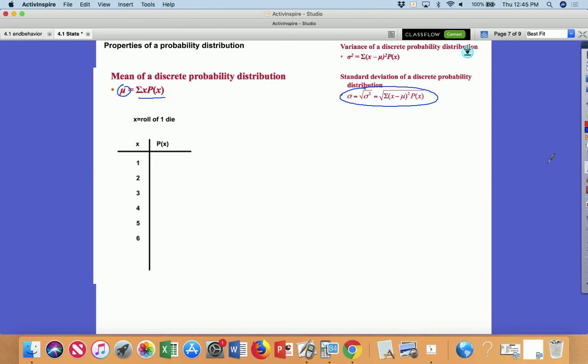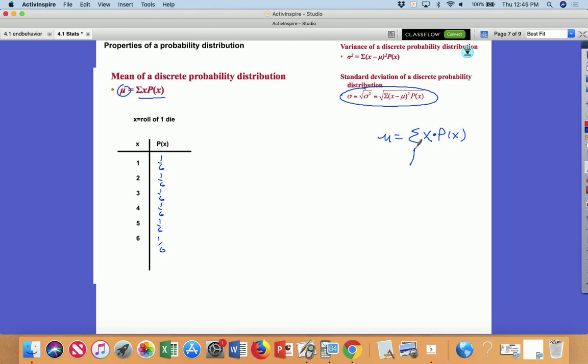Okay, so let's just review here a little bit. The mean is equal to the sum of x times p of x. So what should I do first here with my x's and my p of x's? Let's write 1/6 here first, I guess. What do you think I should do?